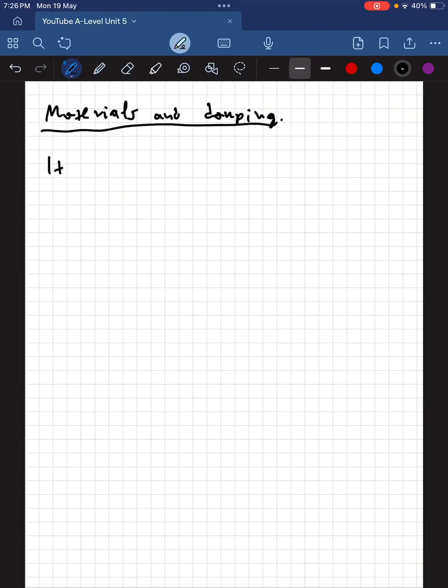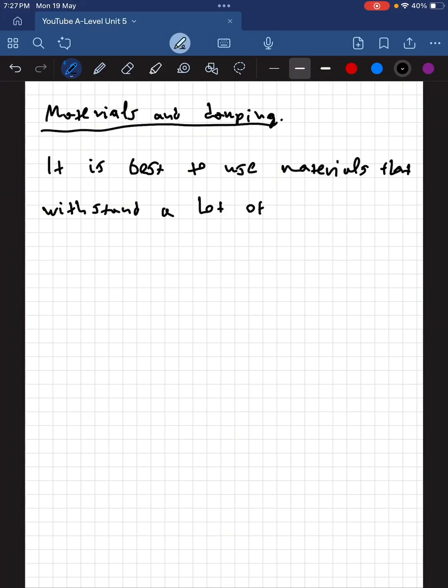Then because of this, it is best to use materials that can withstand a lot of plastic deformation in construction, okay? So in buildings, cars, machines, and so on and so forth.